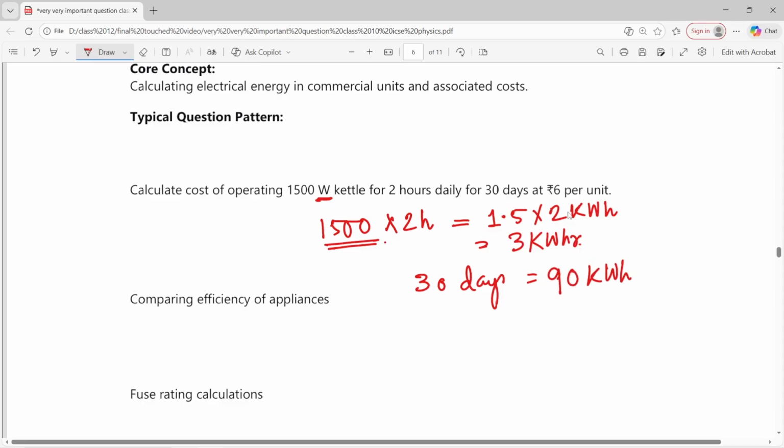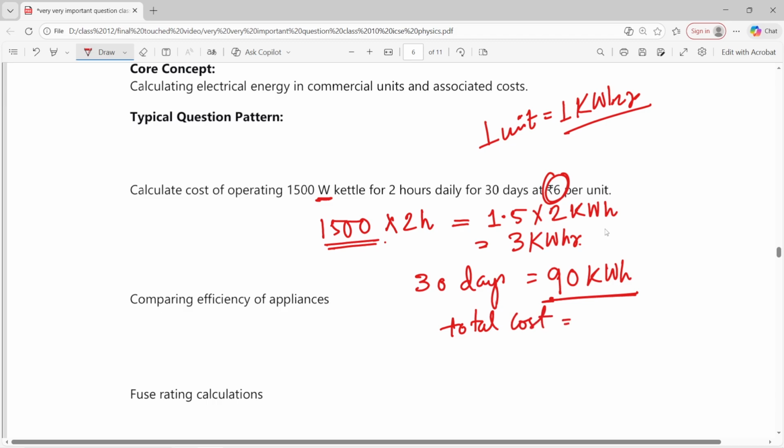So 1 kilowatt hour means 1 unit, so 1 unit equals 1 kilowatt hour. So 90 units at 6 rupees. The total cost is 90 into 6, so 540 rupees.